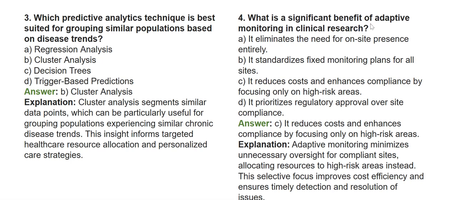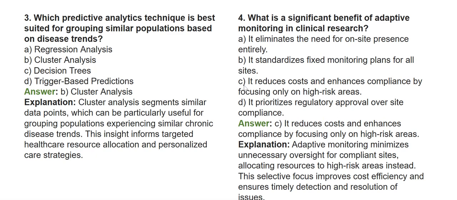Question four, what is a significant benefit of adaptive monitoring in clinical research? A, it eliminates the need for on-site presence entirely. B, it standardizes fixed monitoring plans for all sites. C, it reduces costs and enhances compliance by focusing only on high-risk areas, or D, it prioritizes regulatory approval oversight compliance.